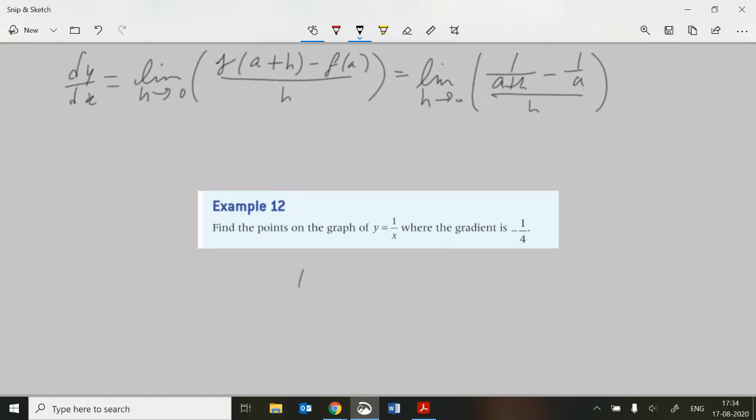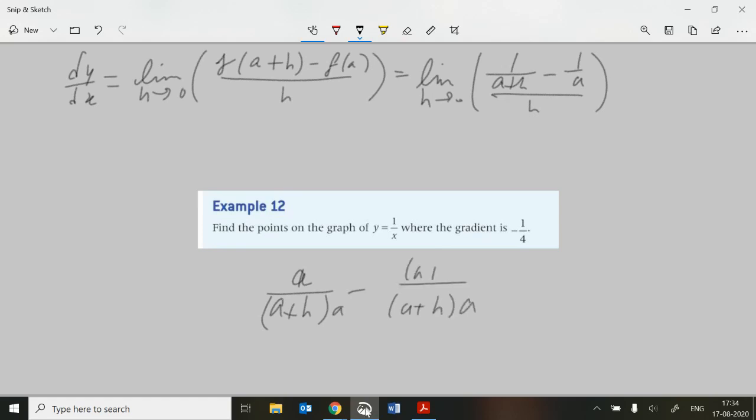So if you want to maybe do that aside, you could say I'm doing this aside to the examiner. Okay, and we can see that we're getting times the top and bottom of that fraction by a, and then times the top and bottom of the second fraction by a plus h.